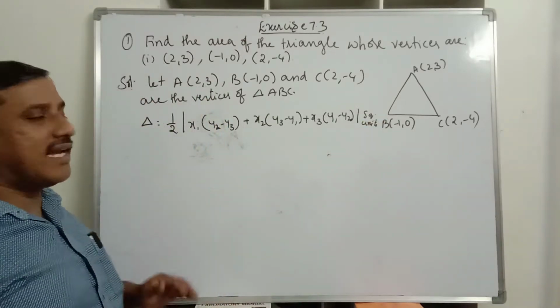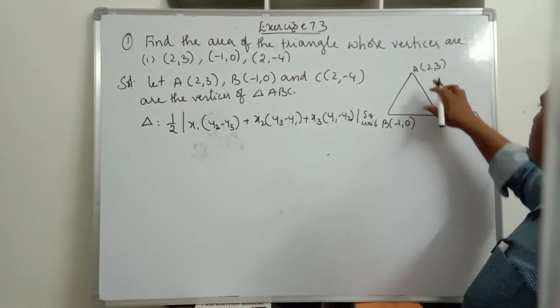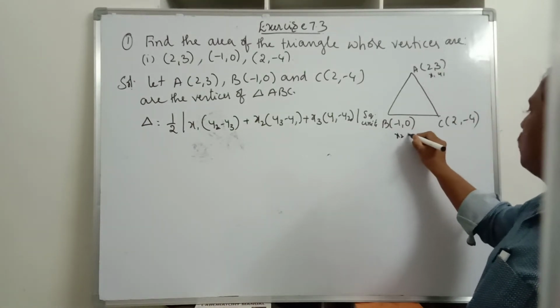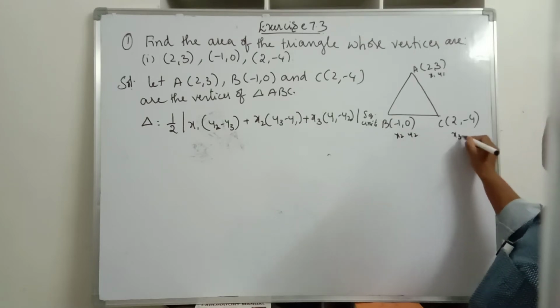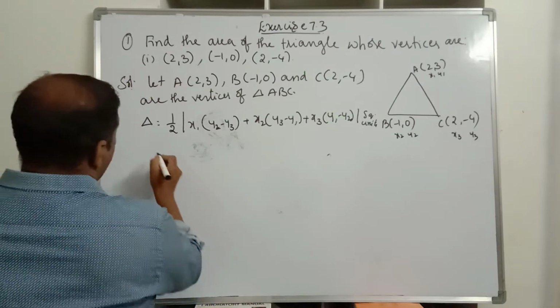The first point is x1, y1, the second is x2, y2, and point C is x3, y3. Now we substitute in this formula.